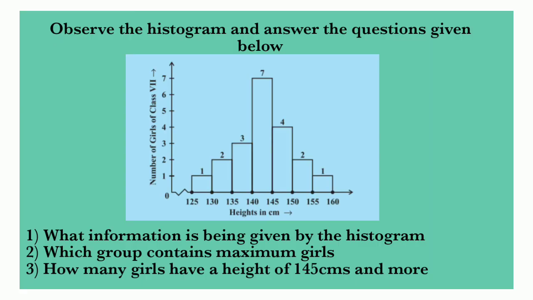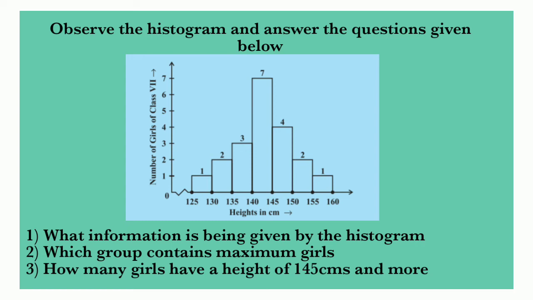Okay, let us look at some example. Observe the histogram and answer the questions given below. Here the x-axis is given the height of some girls, and on the y-axis the number of girls of class 7. So here it starts with 0 to 125, but the given data is not given from 0 to 125.